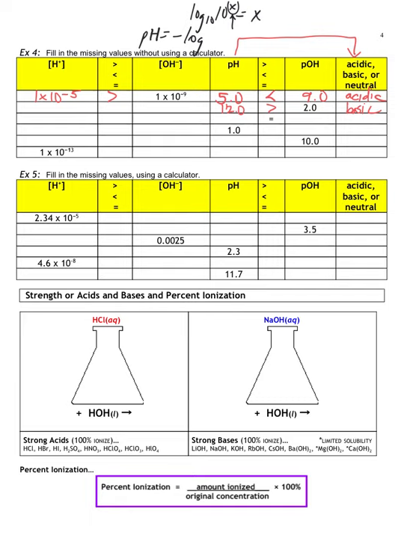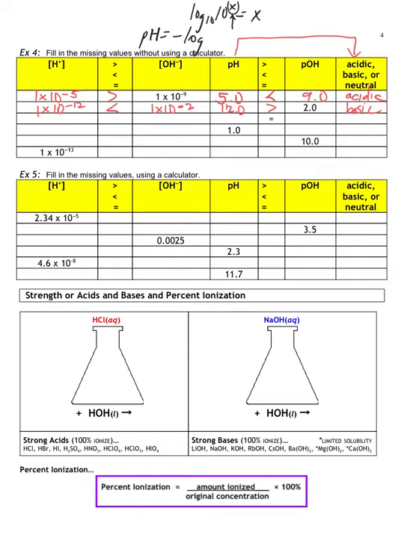Hydroxide ion is going to be 1 times 10 to the negative of that exponent power, which is 2, so it's going to be -2. My hydrogen ion is 1 times 10 to the -12th. So it looks like there's more hydroxide ion than there is hydrogen ion, so it's more basic.